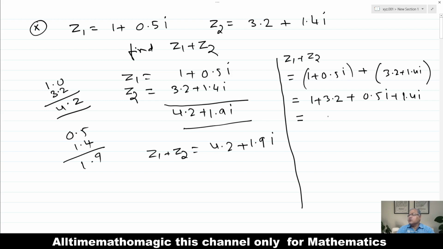So that is 4.2 and 1.9i. This way Z1 plus Z2 equals 4.2 plus 1.9i. So we can add either horizontally or vertically.